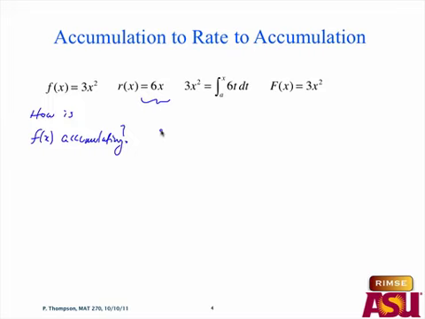For every x value, your rate is going to be 6 times that x value. So you get 6x of 1 and 6x of 2, for every x value times 6. Other thoughts? What does this tell us about the nature in which f is accumulating?